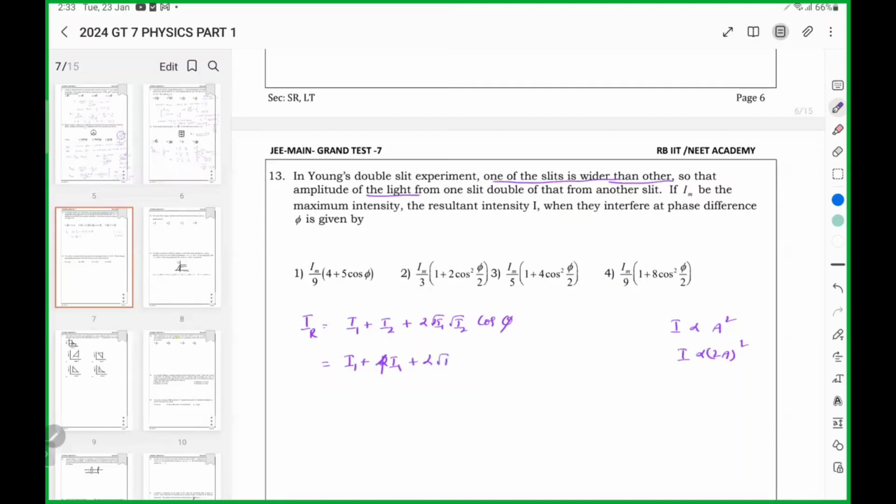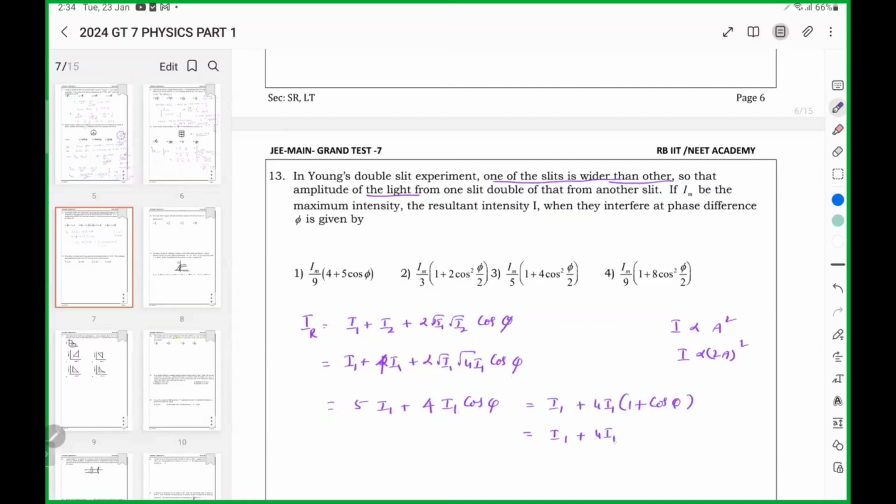So 4I1 plus I1 plus 4I1 cos phi. If you take I1 common, it is 5 plus 4 cos phi.